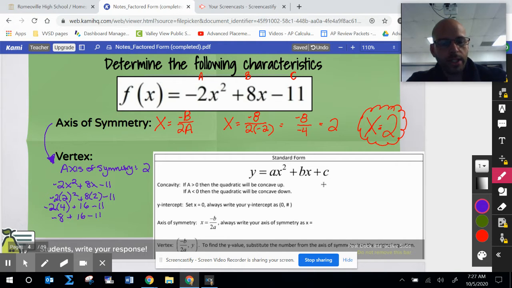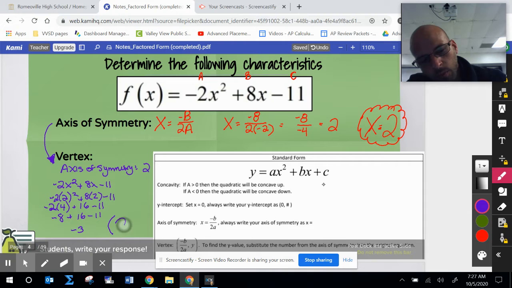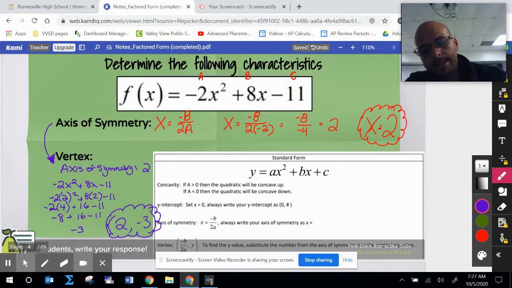And if you reduce this, I'm going to end up getting a value of negative 3. So my vertex, well, the x value is always the axis of symmetry, and the y value we just found is my negative 3. You must substitute in the axis of symmetry to find the y coordinate of your vertex.